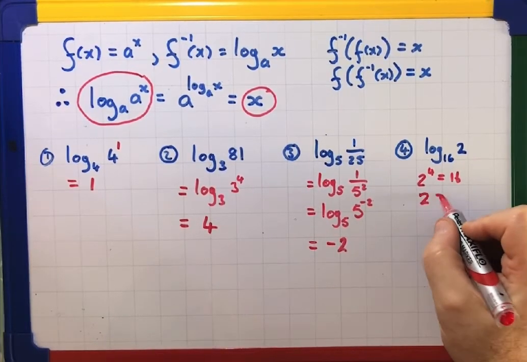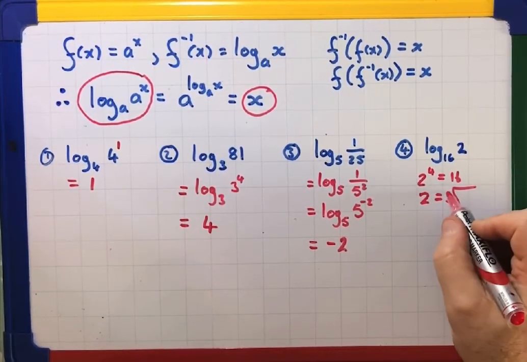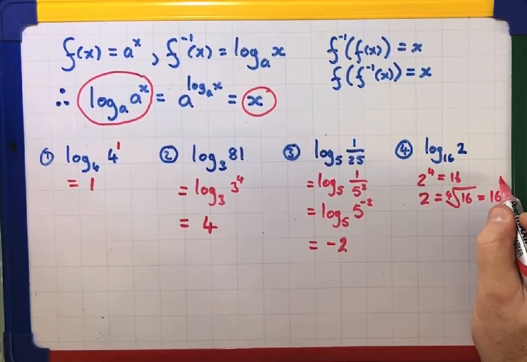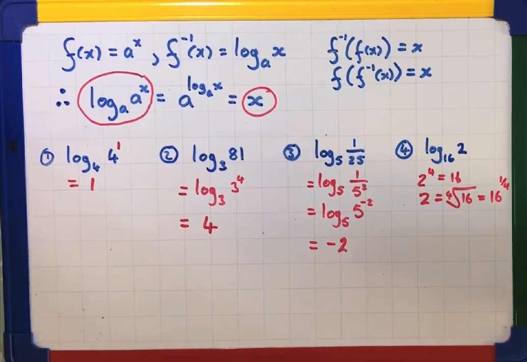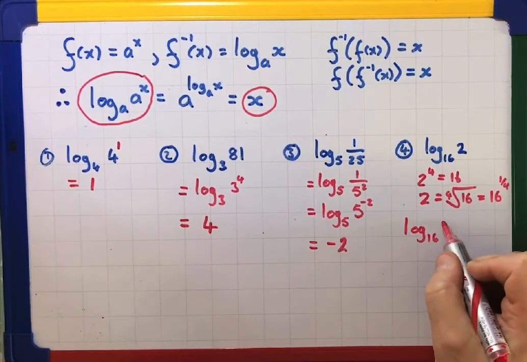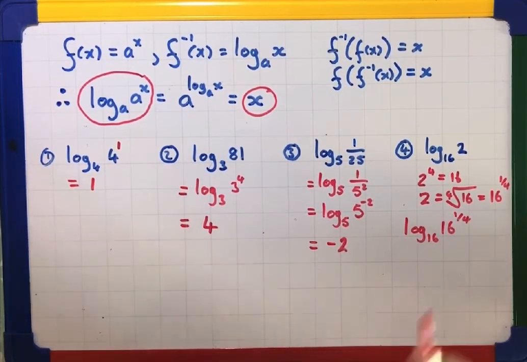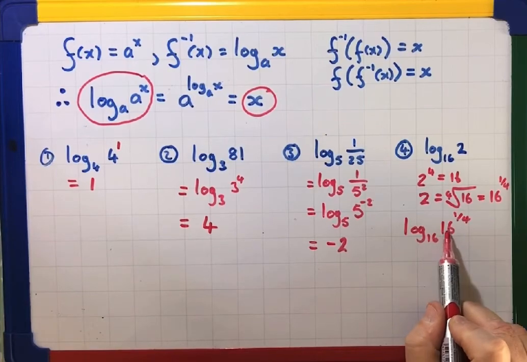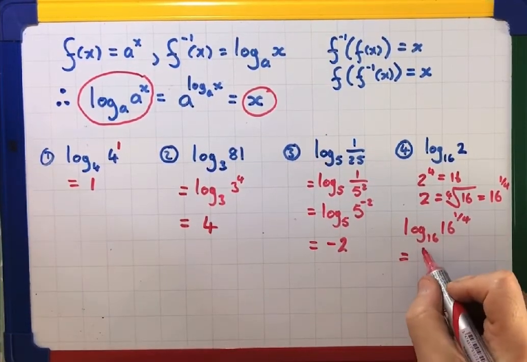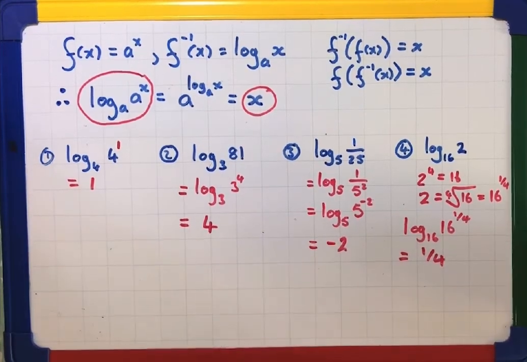So 2 is equal to the fourth root of 16, which is 16 to the power a quarter, written in index form, isn't it? So what I have is log to the base 16 of 16 to the power a quarter. Remember, the log and the base cancel each other out. Therefore, what we're left with is a quarter.